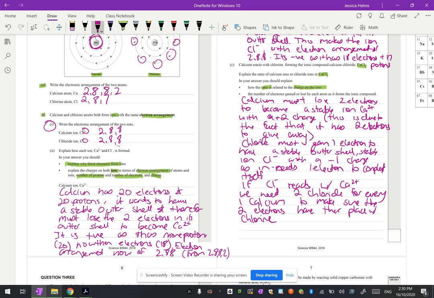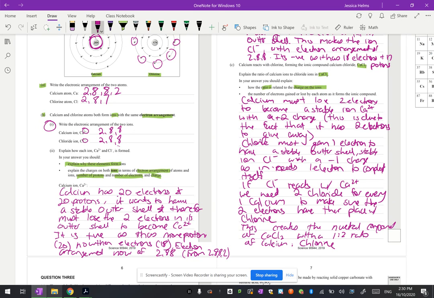Okay, so this creates the neutral compound of CaCl2 with a 1:2 ratio of calcium to chloride.